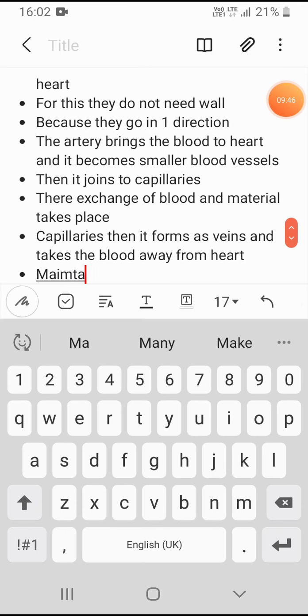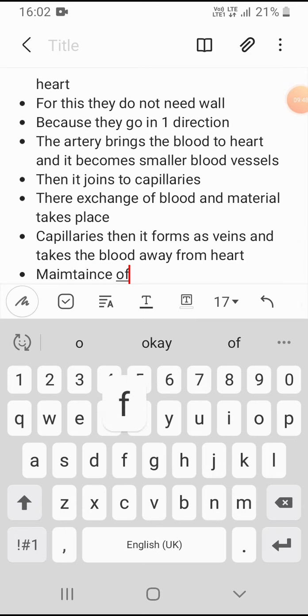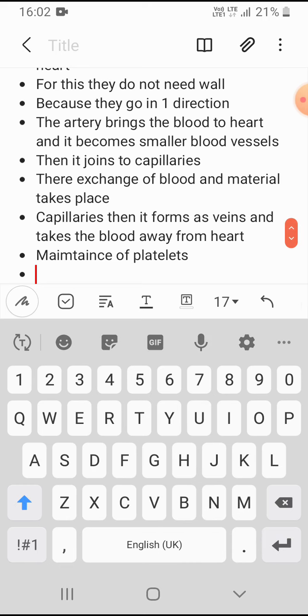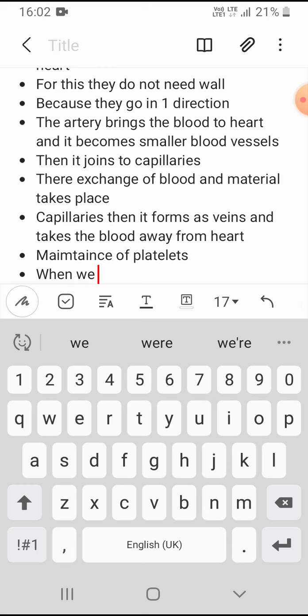Maintenance of platelets. How does maintenance of platelets happen? You may have known that when we get an injury, sometimes we can see more blood flowing away.